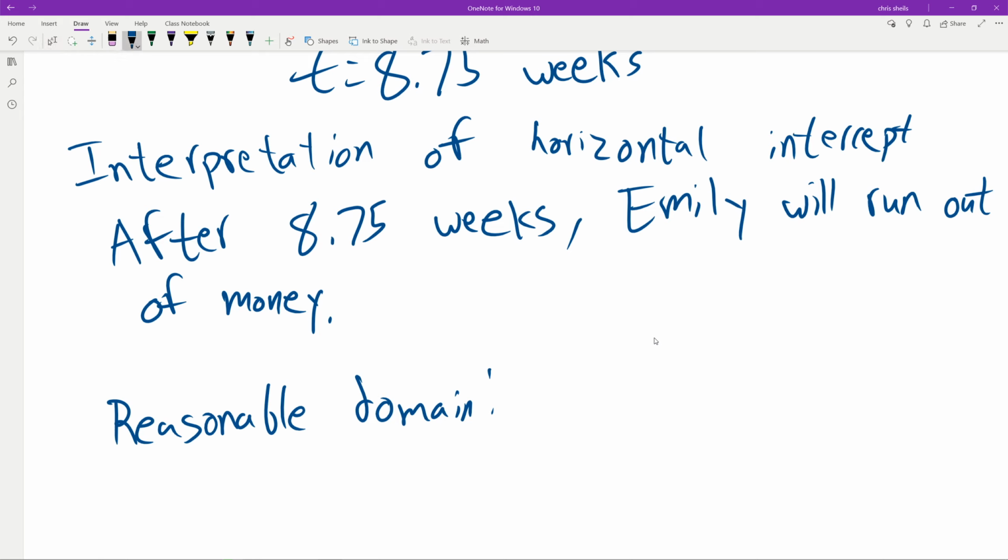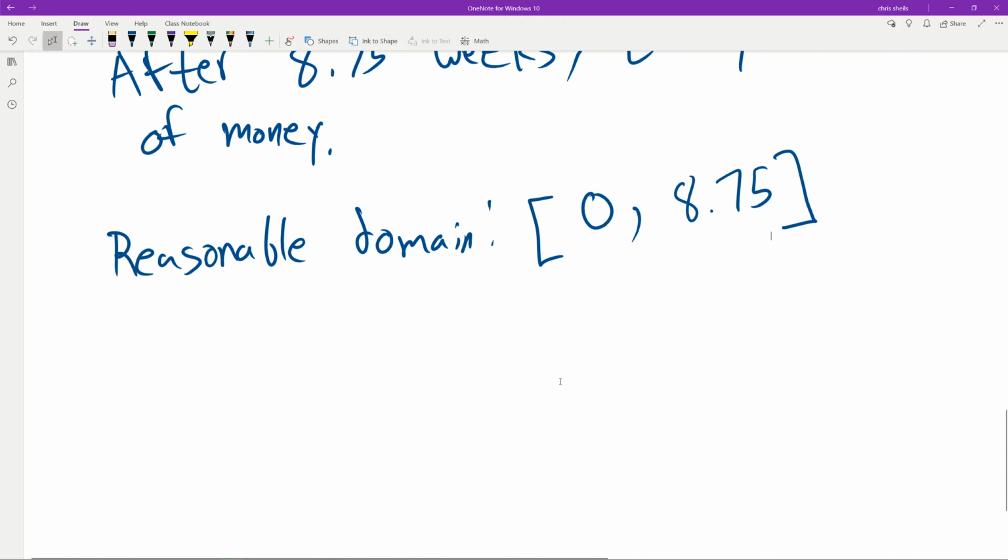My domain is my set of inputs, so I'm looking at the number of weeks that Emily can spend in Seattle here. The minimum number is 0 weeks, right? Technically, you don't have to go to Seattle at all. And then the maximum number of weeks would be 8.75. And I would include both of these because these are both potential options here, right? And of course, I'm assuming that Emily purchased a round trip ticket. So, you know, there are no additional travel costs.